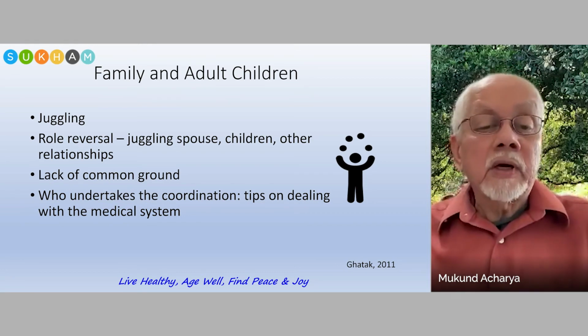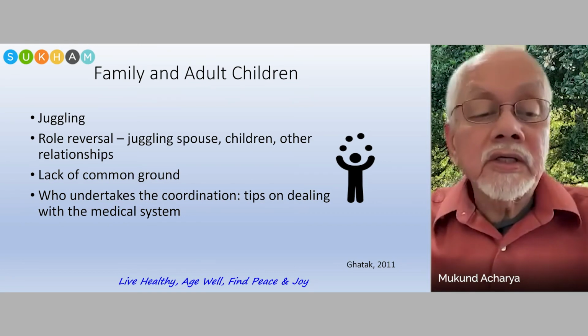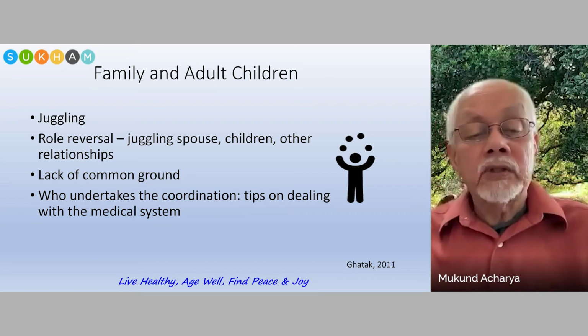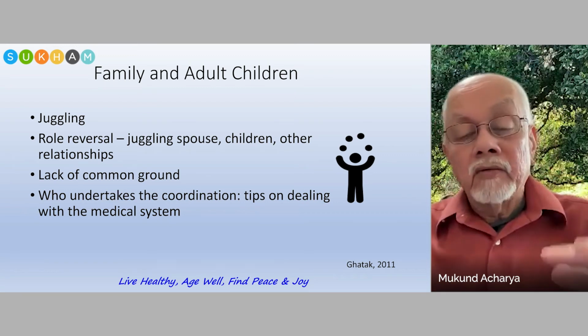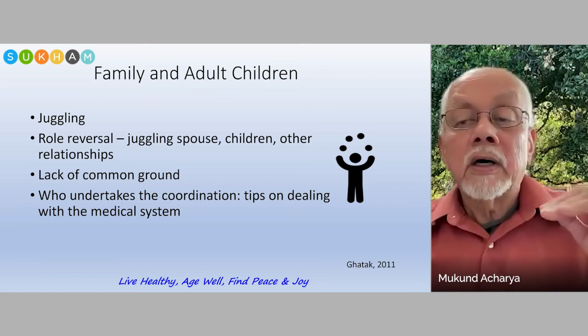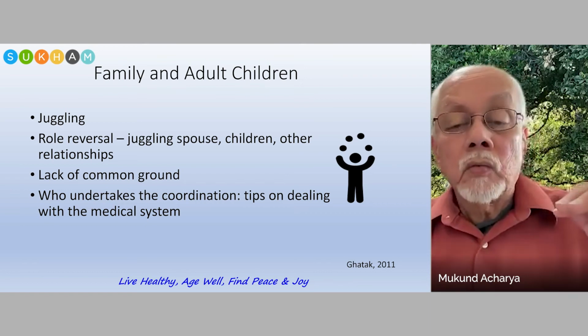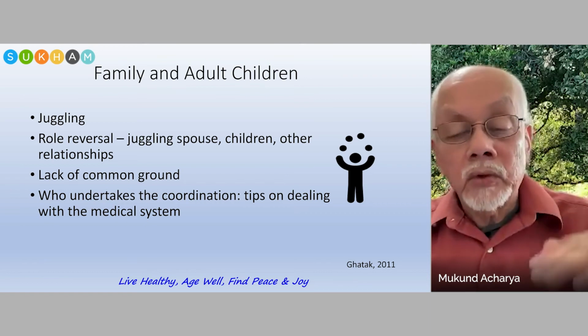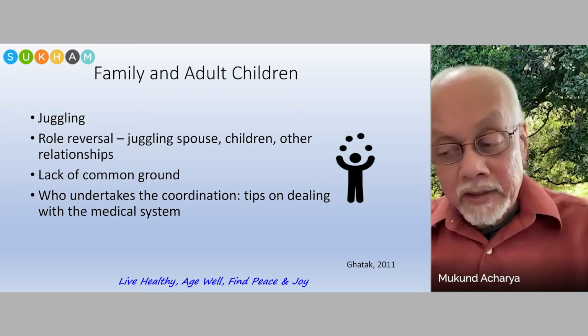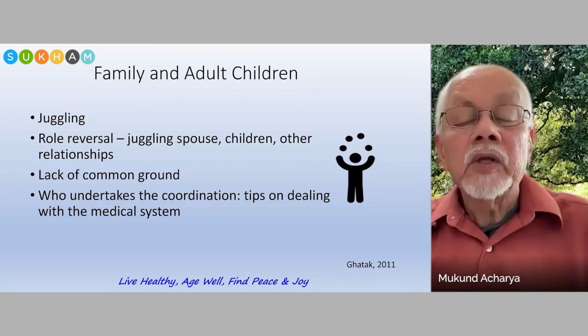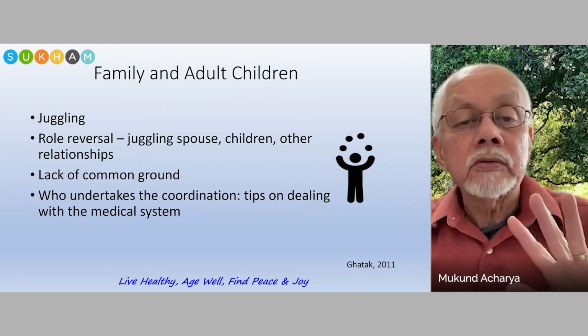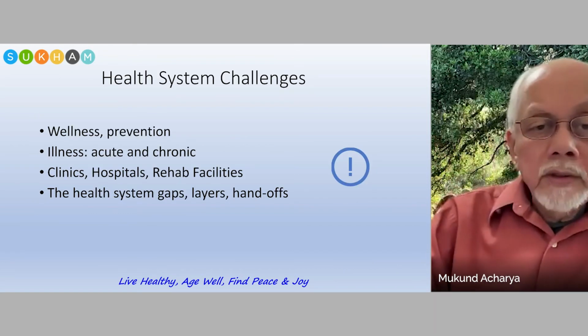It helps to figure out having a coordination plan and tips on dealing with the medical system, and a variety of other things that would help you when you have this elder care issue to deal with, if you've got a plan in place to work it, right?